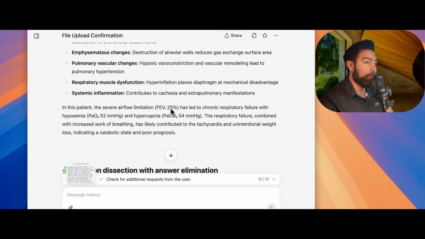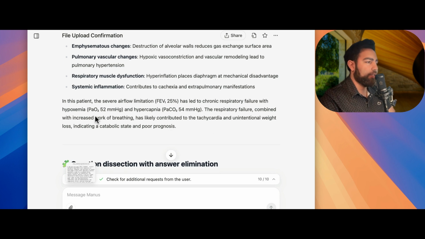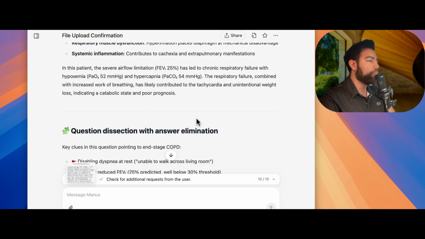FEV1 is 25%, and he has severe hypoxemia with a PaO2 of 52 and hypercapnia with a PaCO2 of 54. The respiratory failure combined with this increased work of breathing has likely contributed to his tachycardia and weight loss and this catabolic state and very poor prognosis.